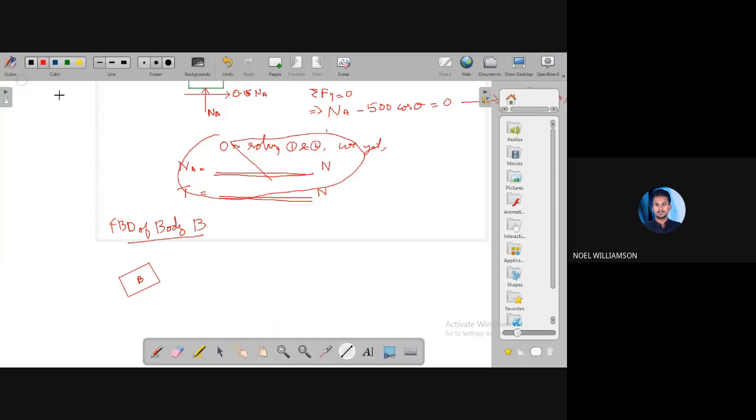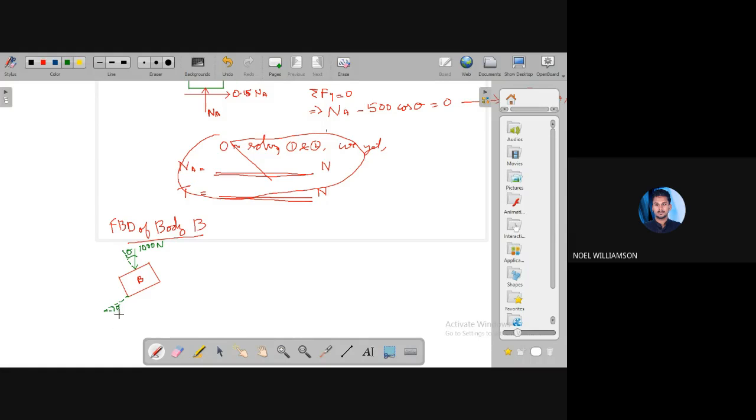The weight is 1000 Newton, which is at an angle theta. Then this is theta because this particular angle is theta.